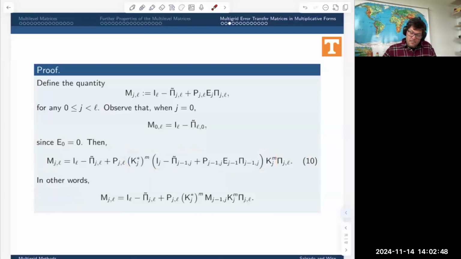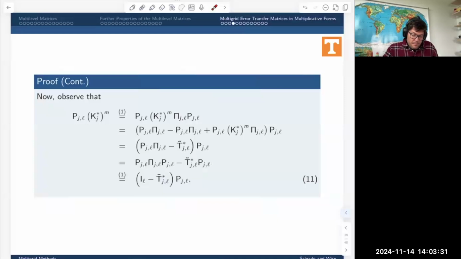Okay, then Pi_JL there. Okay. All right, so now in other words, this matrix here is important because this fits the form of the thing that we just defined, only it's at the next level lower. So what this guy represents is M_{J-1,J}, okay, right here. So you can see that there's some sort of recursive nature that I'm going to encounter here. Okay, so we just proved that according to this definition.